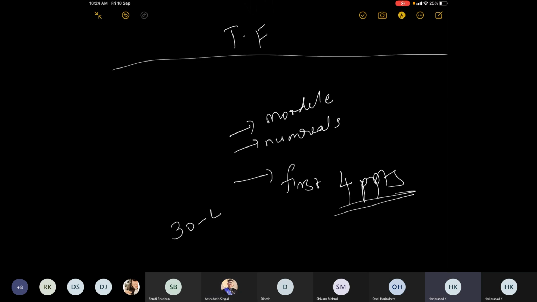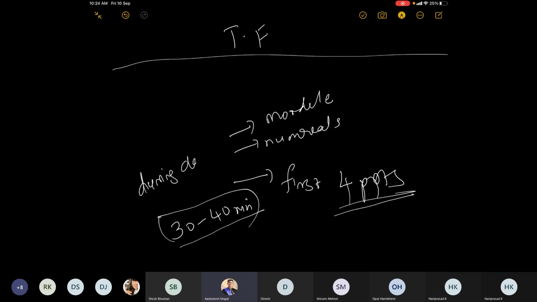It should be between 30 to 40 minutes, anytime during the class hours. Most likely it would start at 10:10, and it may go till any time between 10:40 to 10:50.